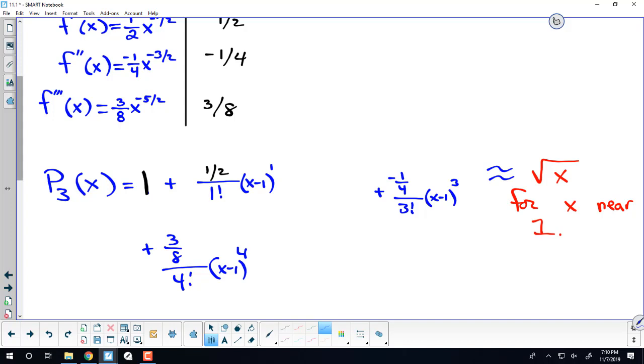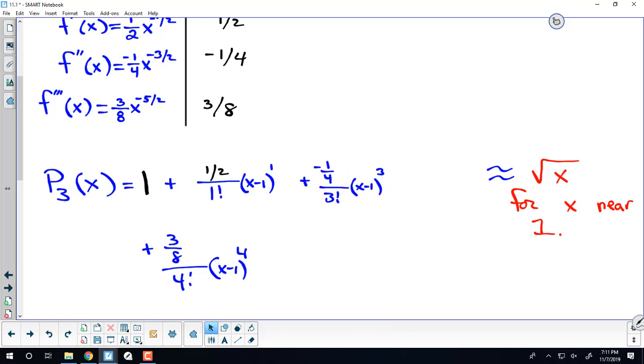The negative 1/4 should be over 2 factorial and x minus 1 to the second.